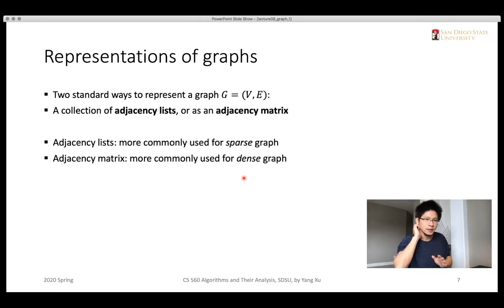In this course, most of the algorithms that we implement later on will utilize the adjacency lists method to represent the graph. But both methods are worthwhile to look at, because they both provide very efficient ways to implement graph data structures within the language of computer science.